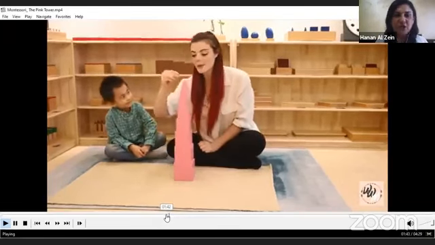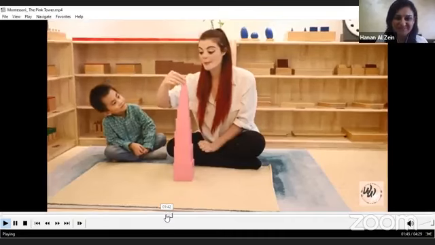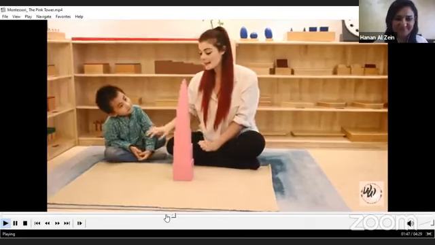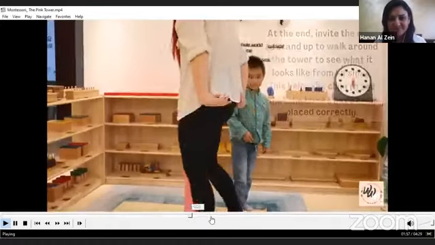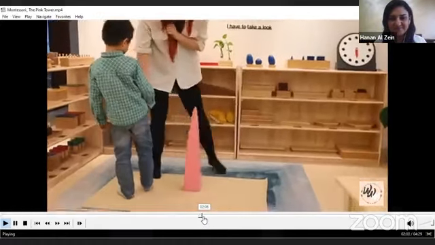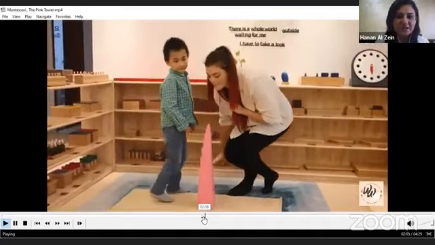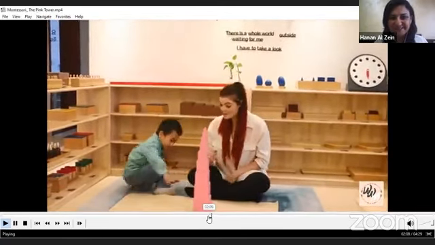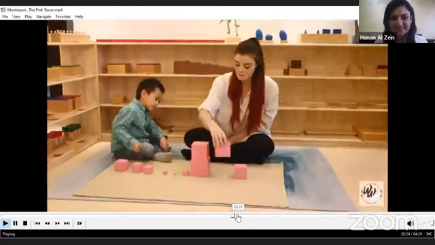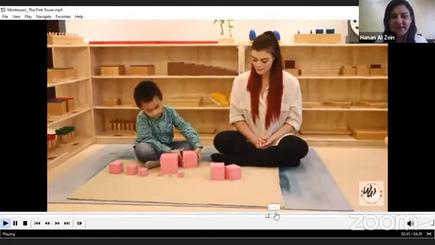It's the secret of observation. The child is looking at the achievement, and then he's invited to work again the same way.